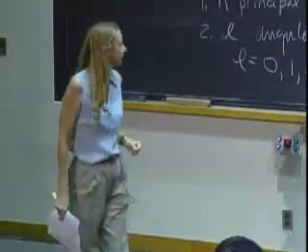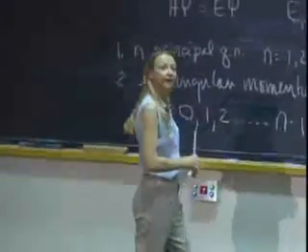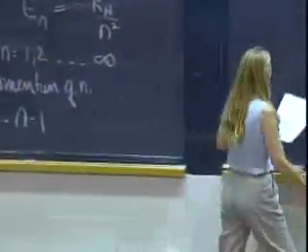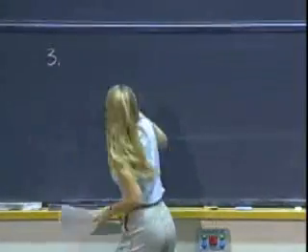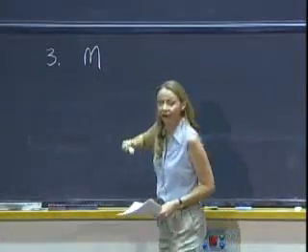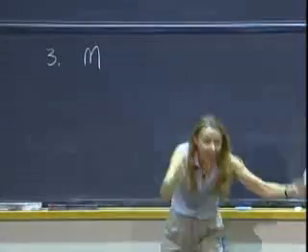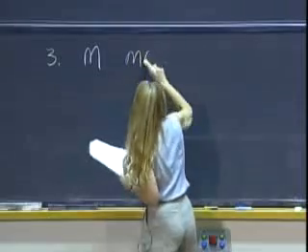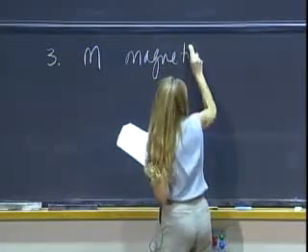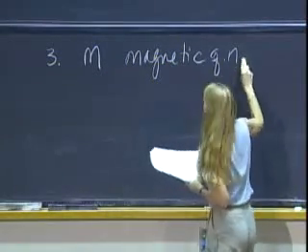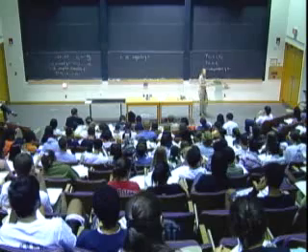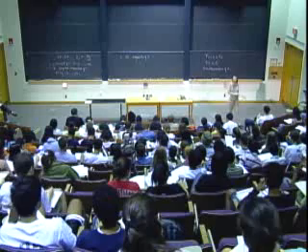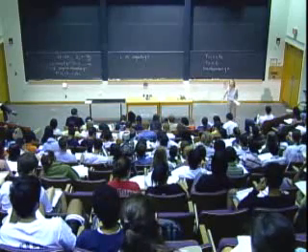All right? And then we have a third quantum number that drops out of that solution. And that third quantum number is called m. It is the magnetic quantum number, and it is called that because it dictates how an atom behaves in a magnetic field.